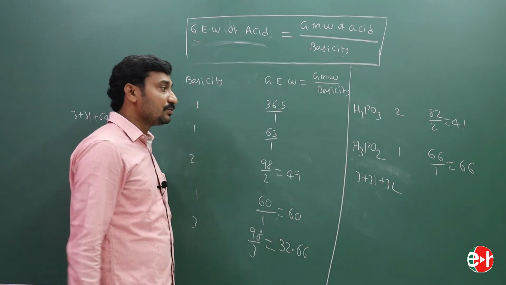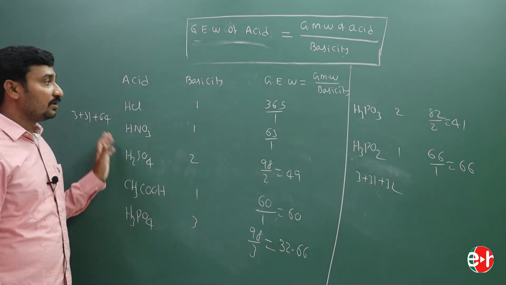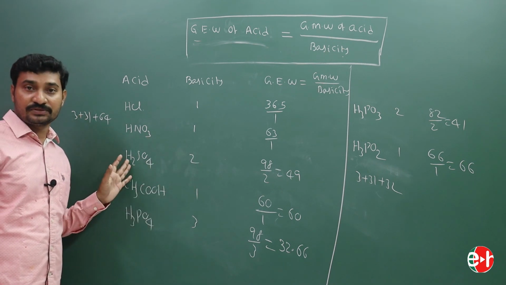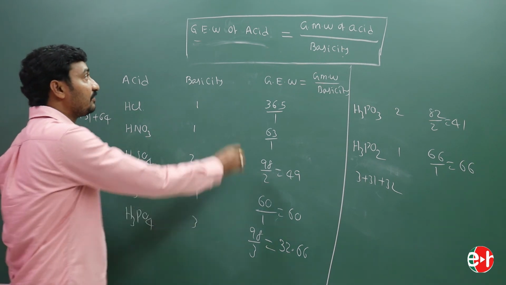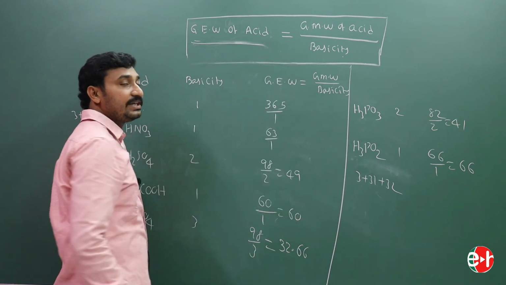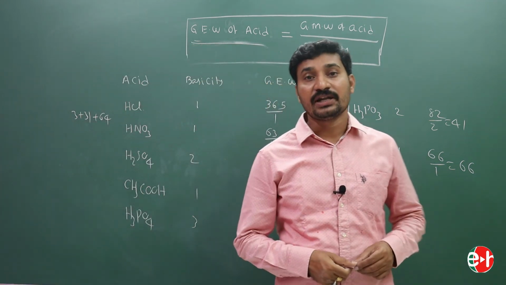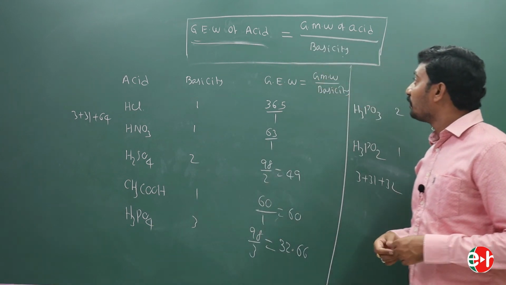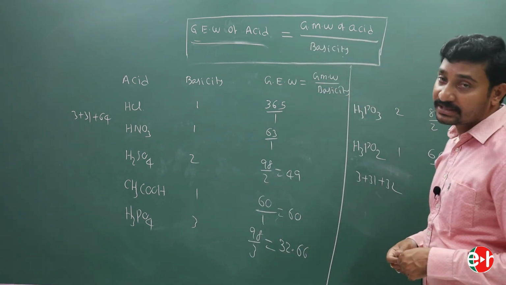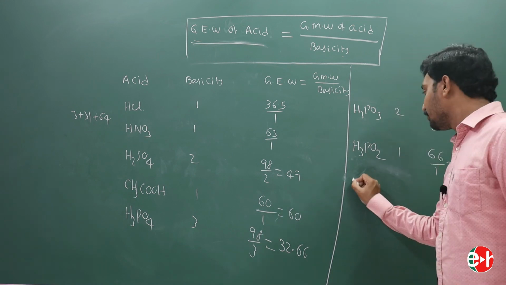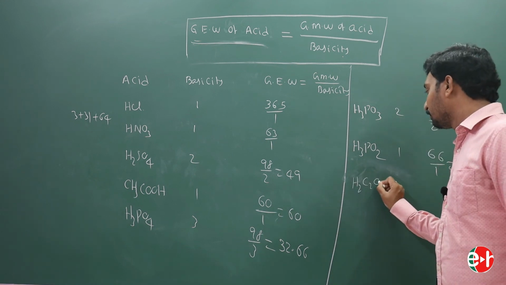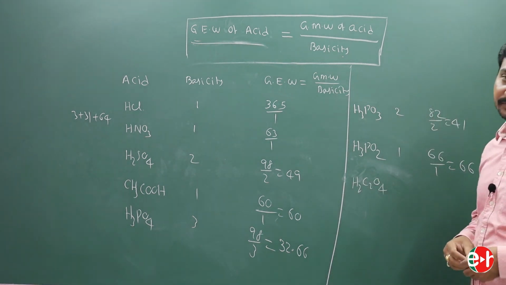So these are some examples to find the equivalent weight of an acid. Finally, the equivalent weight of an acid is equal to the formula gram molecular weight of the acid by basicity. One more, H2C2O4, oxalic acid.